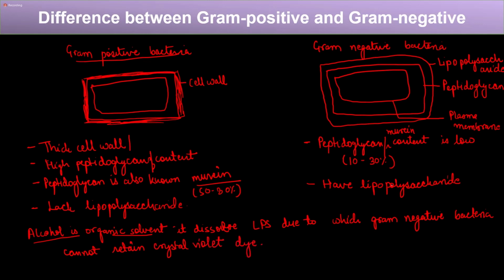Because of this, they appear pink in color under the microscope, while gram-positive bacteria appear violet or purple. So this is what we saw about the difference between gram-negative and gram-positive bacteria.